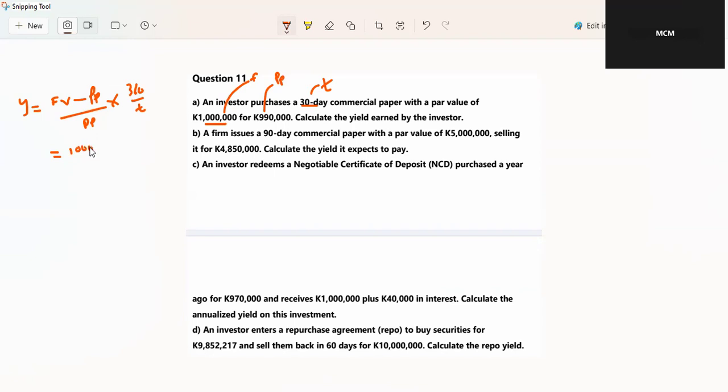So 1,000 minus 990 over 990, times 360 over 30, times 100. So the yield, if you compute this, will come out to be 12.29%.